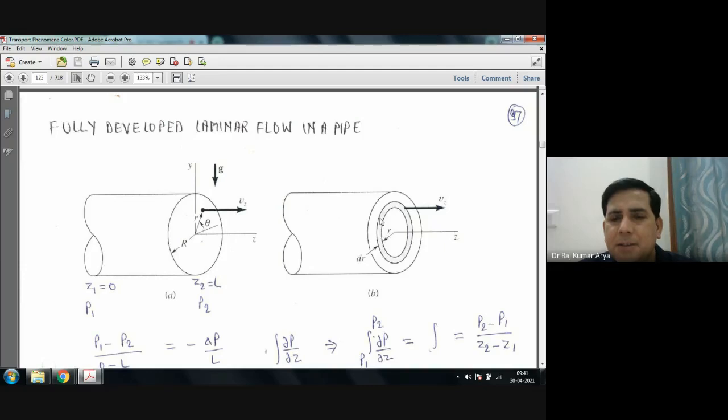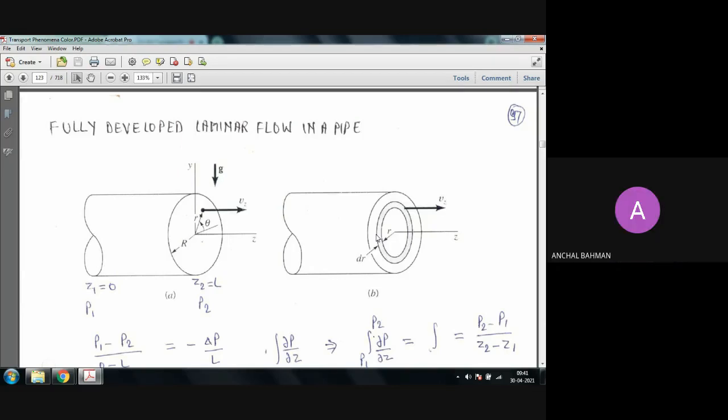You have taken this, with increments delta r and delta z, and just do your mass balance and force balance as we did in case of the rectilinear coordinate. I hope you can recall what we did for the rectilinear coordinate. Correct or not? Yes, sir.